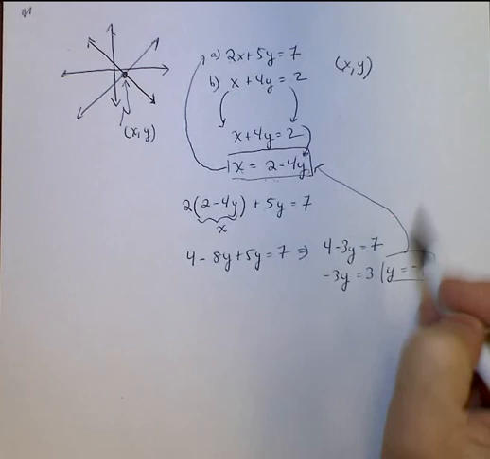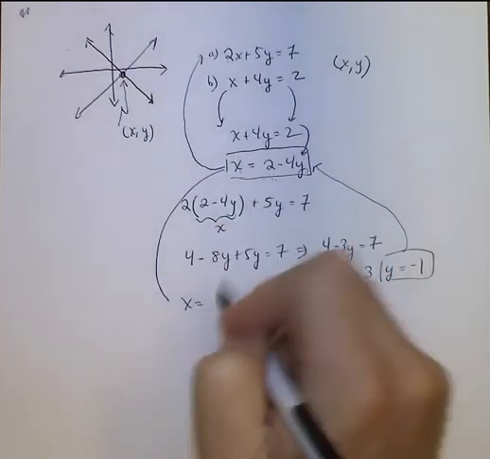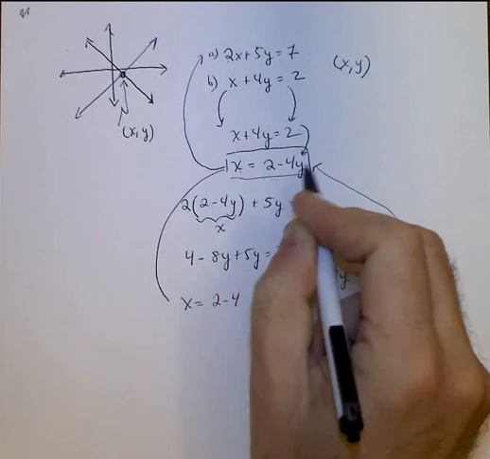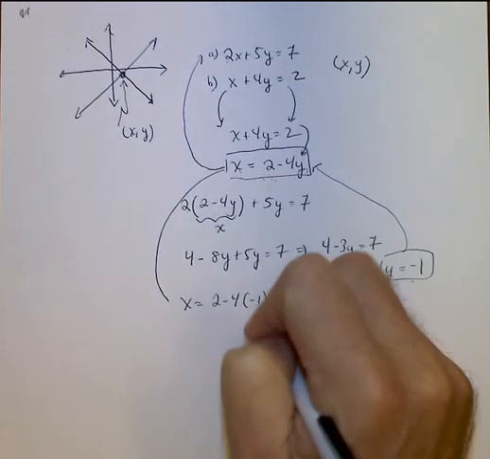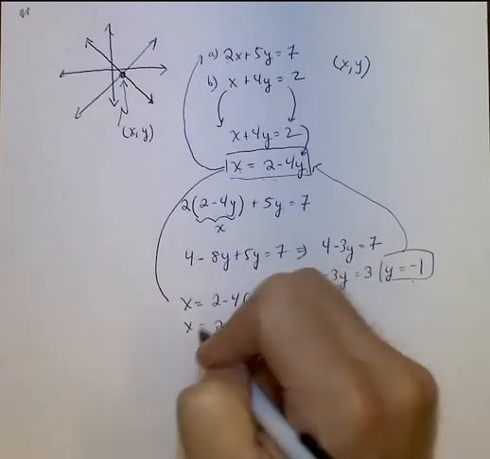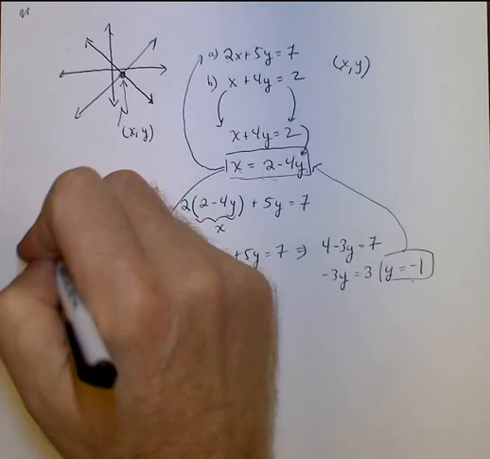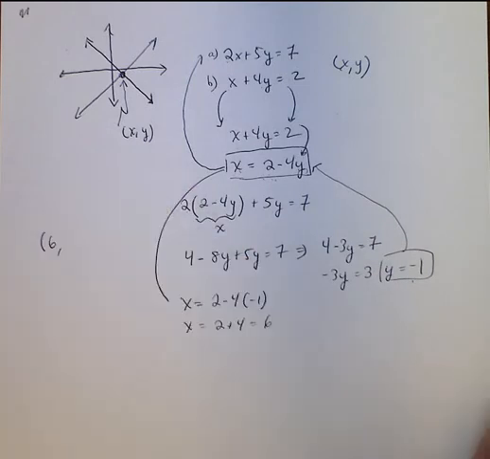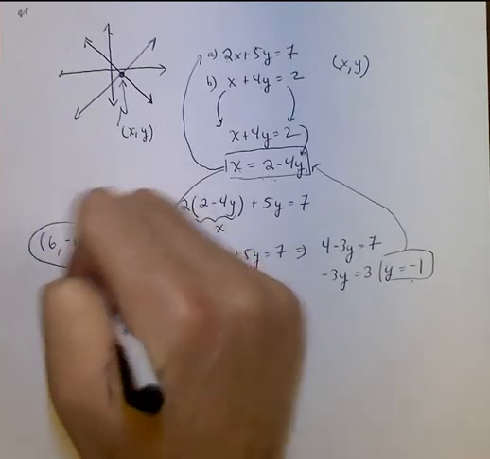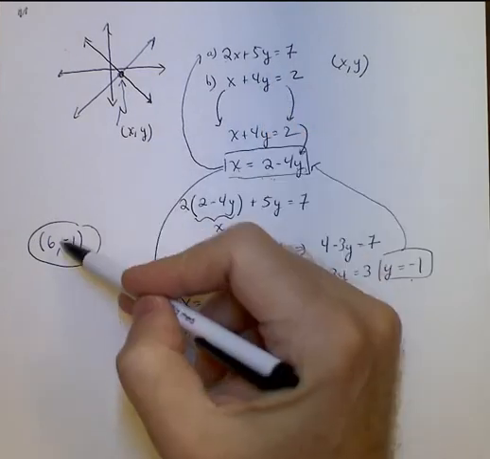So x equals 2 minus 4 times the y we just solved for. So x equals 2 plus 4, which is 6. For this problem, the solution is x equals 6 and y equals negative 1. That means if I graph these two lines, they would intersect at the point 6, negative 1.